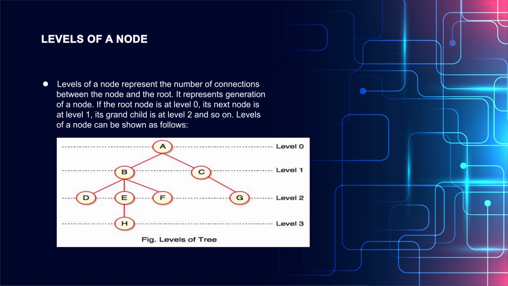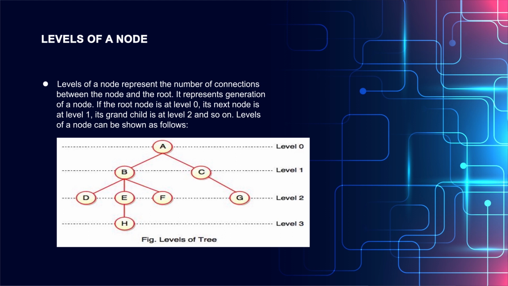We can understand this by this diagram: level 0 has a single node, called the root node, and inside the root node we have the item A. In a single tree we have only a single root node. We can't produce more than one root node. So, A is a root node.